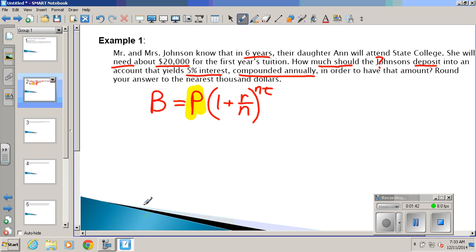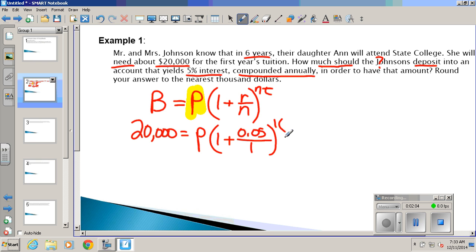So we can just substitute this all in. 20,000 is how much they want to have. You're going to try to find your principal. The rate was 0.05. Number of times compounded, well, it's compounded annually, so that's once a year. Time, how many years? 6 years.